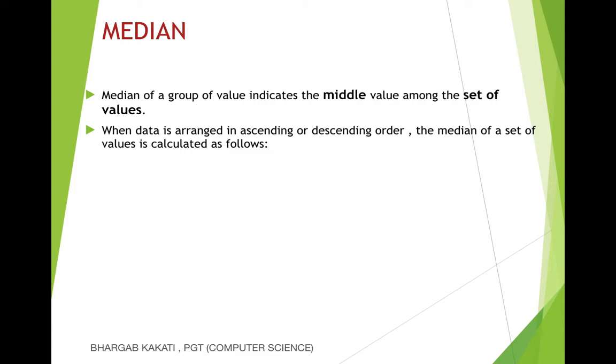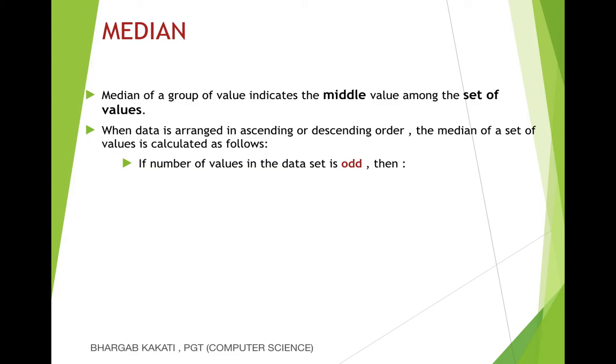Now there is one condition for using median. The condition is that for using median, mathematically the data should be arranged in ascending or descending order. If the data is not arranged in ascending or descending order, you cannot calculate the median mathematically. There are two formulas for finding the median.